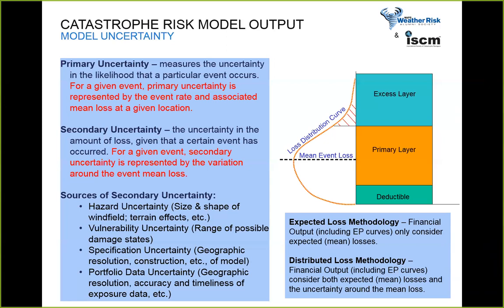Or it could even be below the deductible and there's no payout by the insurer. So this distributed methodology allows for multiple solutions to what might actually happen to an individual risk or portfolio risk, and gives you a larger range of potential outcomes, and likely gives a more robust answer.